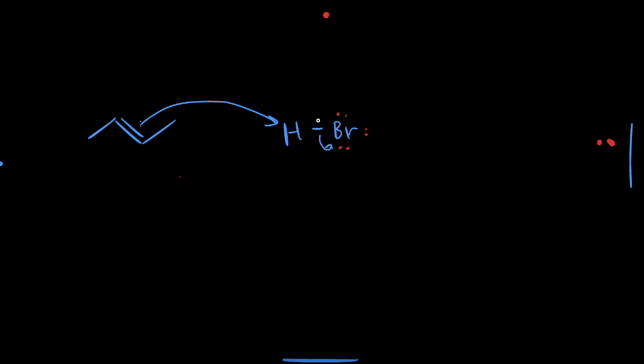That breaks this bond. That is going to lead us to end up having no longer an alkene, but an alkane, and that alkane is going to have this hydrogen bonded to it. And over here we will have a positive, so we have a carbocation. We're also left with the electrons in this bond having collapsed onto our bromine, so now we have a free-floating bromine in solution.